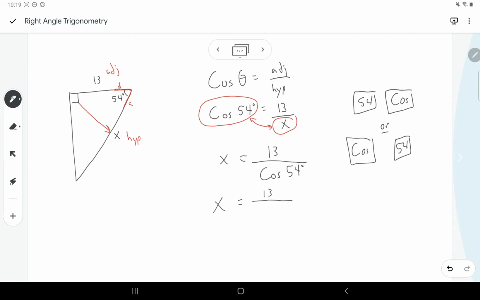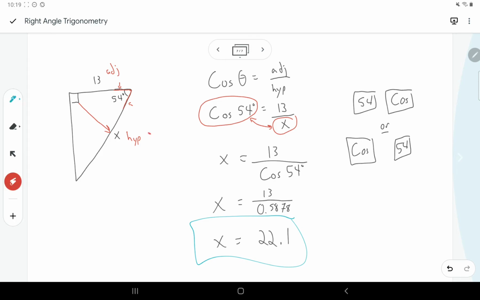So I'm going to stick that in my calculator, and I get 0.5878. Again, I'm just rounding to the fourth decimal place. Once we've got that, we can take our 13 divided by 0.5878. So x equals 22.1. And that is our final answer for this question here.